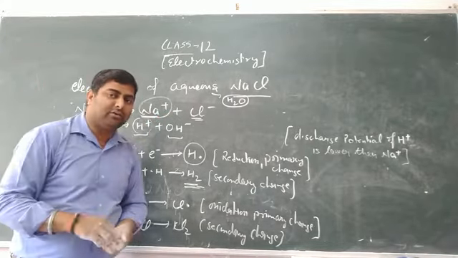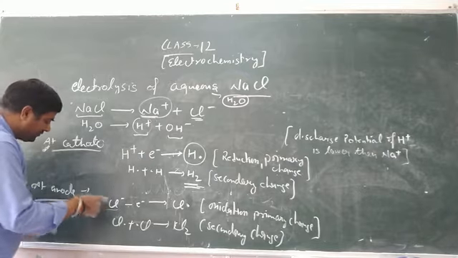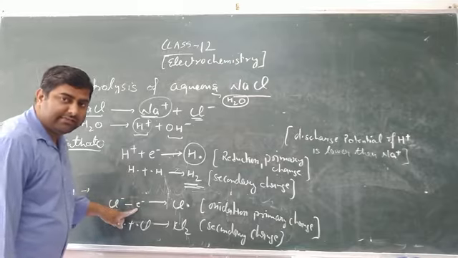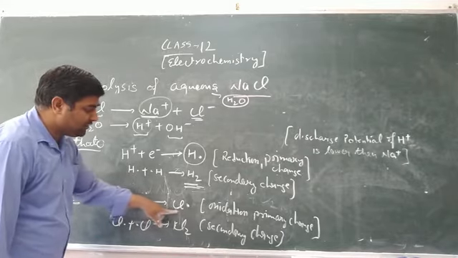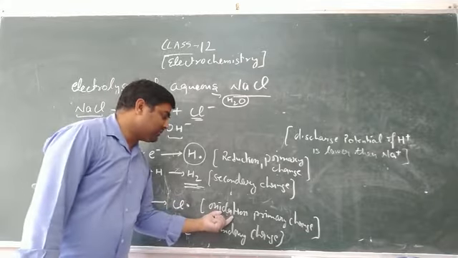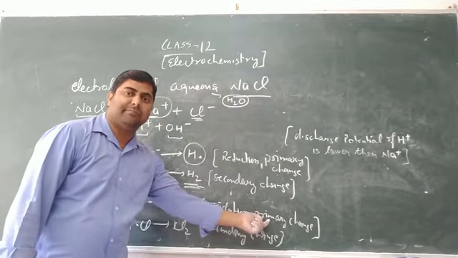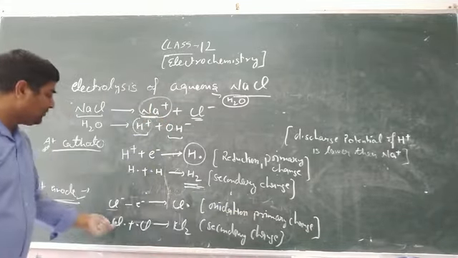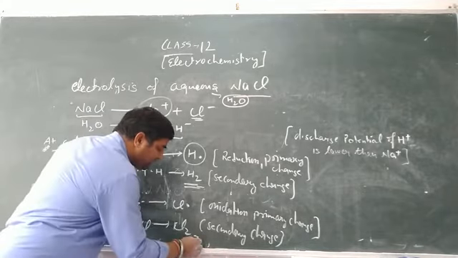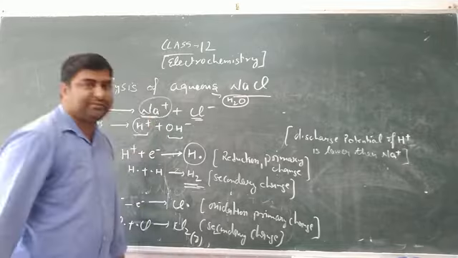So the chloride ion reaches the anode, releases an electron, and gets converted to a chlorine free radical, which is where oxidation takes place, and the change is called primary change. And two chlorine free radicals form chlorine gas, called secondary change.